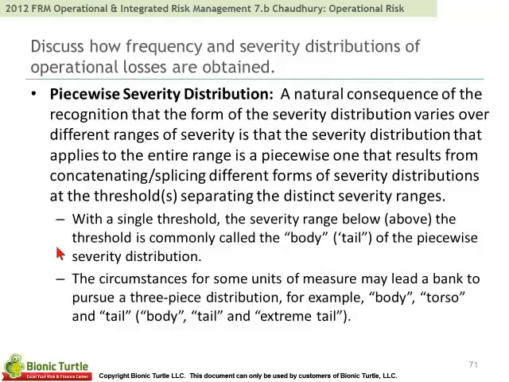And so a natural solution to the challenge of using a single distribution for severity is a piecewise approach. Here maybe we use empirical data to characterize the body, and we graft on a parametric distribution to characterize the tail.